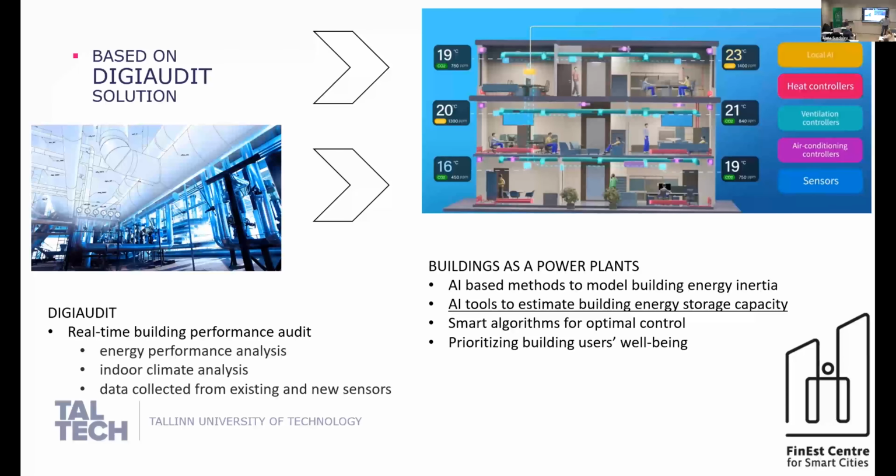And for controlling the electrical systems, we intend to use smart algorithms for optimal control. And by doing this, we also intend to prioritize the well-being of building users. There are concerns of thermal comfort that must not be compromised, and the indoor climate must not be compromised.